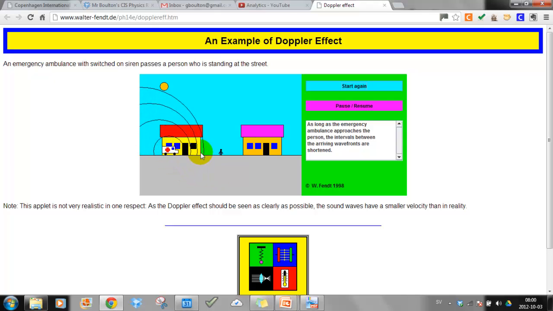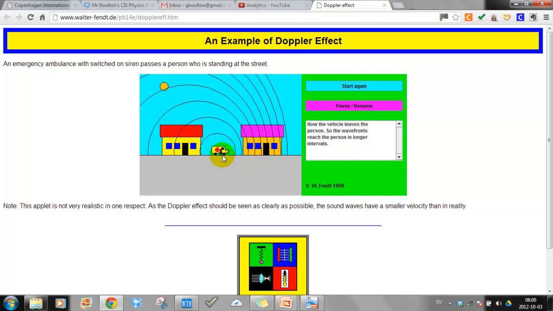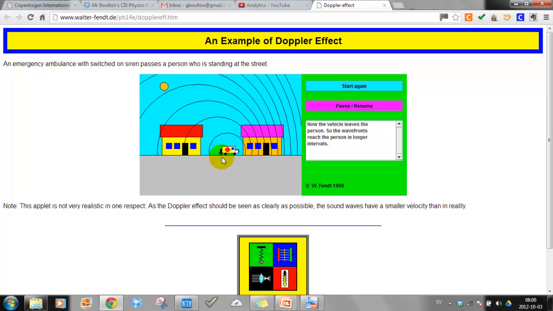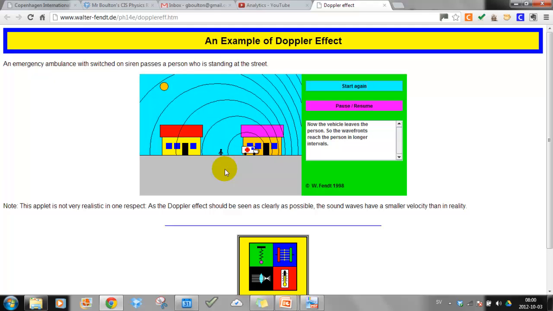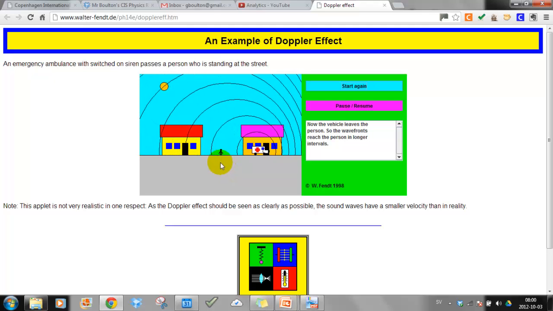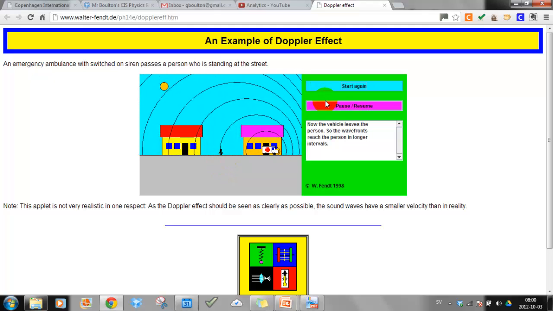Now, you notice that these wavefronts are very much bunched together. They hear tick, tick, tick, tick, tick. Then afterwards, they hear a lower frequency which goes tick, tick, tick.